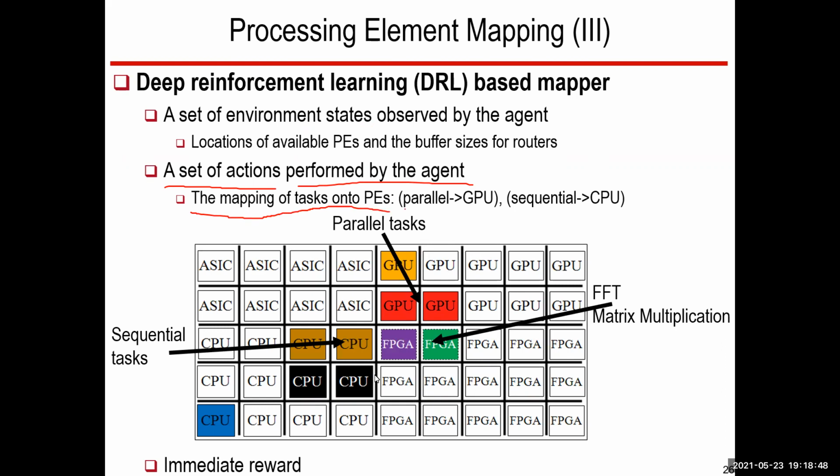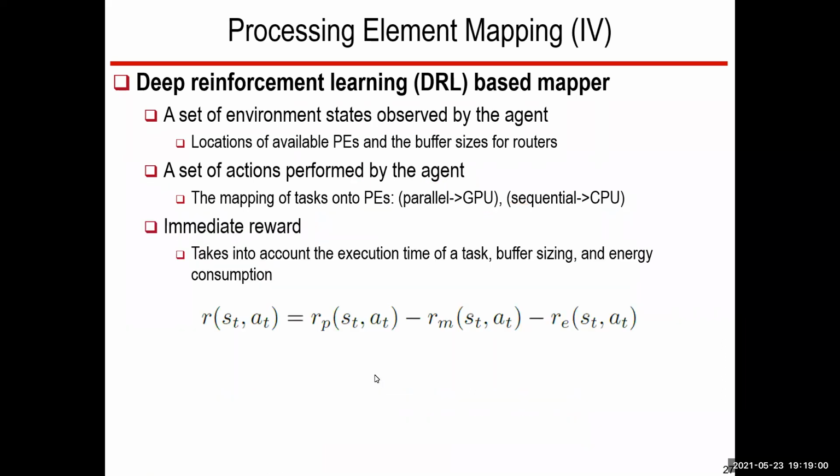So probably a parallel task can be mapped onto a GPU, whereas a sequential task can be mapped onto a CPU, as you can see here. And the intermediary reward takes into account the execution time of a task, buffer sizing, and the energy consumption of this task.